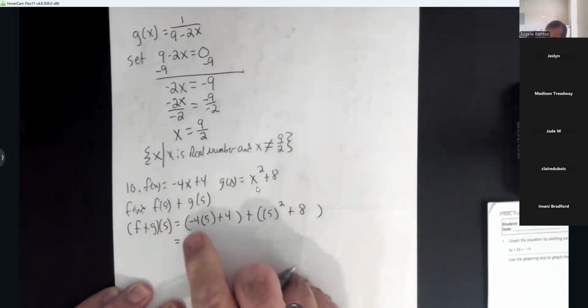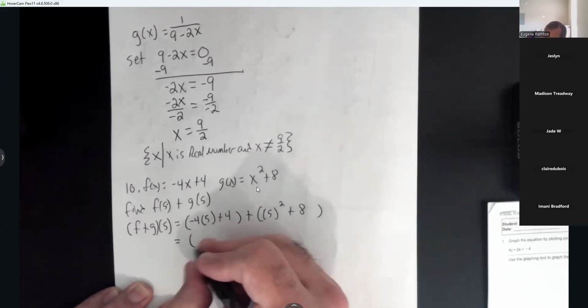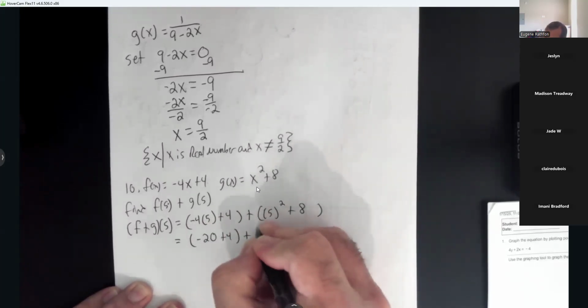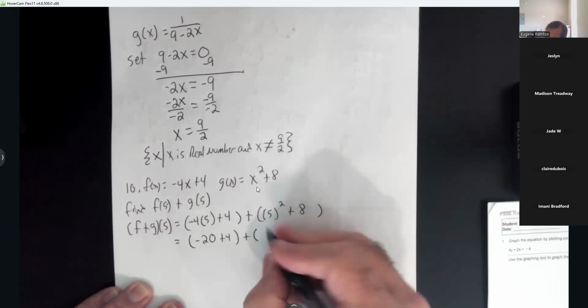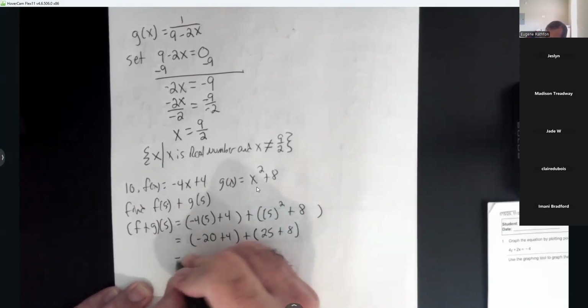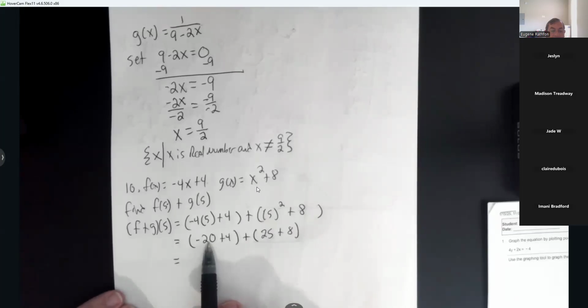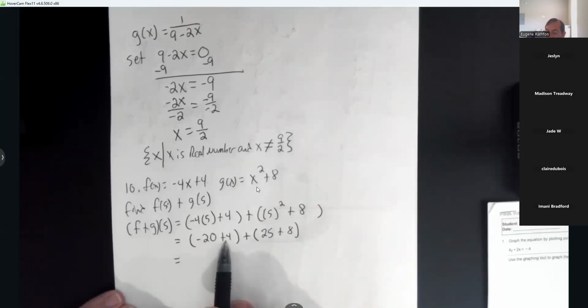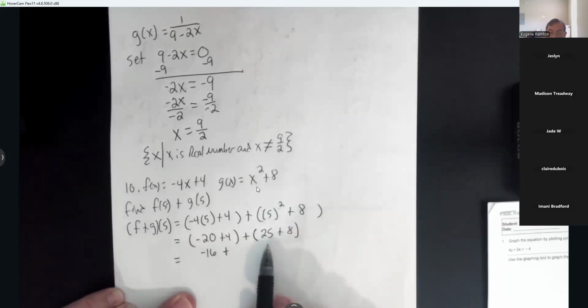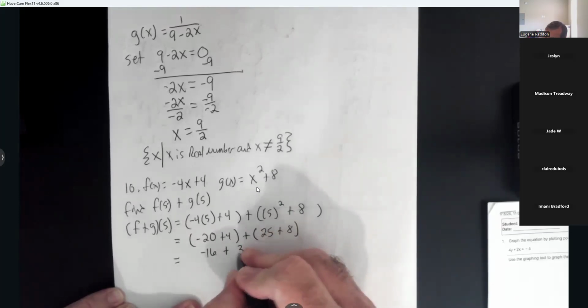So in my first parentheses, negative 4 times 5 gives me a negative 20 plus my 4. Here, 5 squared is 25 plus my 8. All right, y'all. In here, negative 20 plus 4 gives you negative 16 plus 25 plus 8 on this one gives you 33.